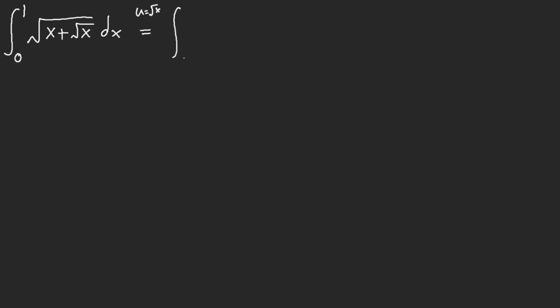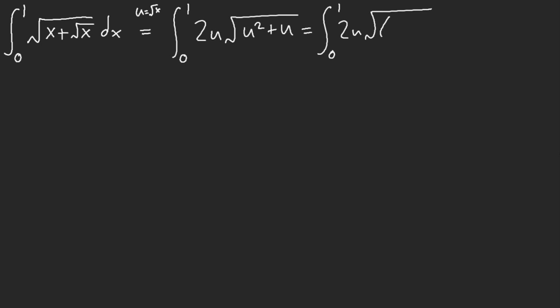So of course, we have 2u and u squared plus u, and then we complete the square. U plus 1/2 squared minus 1/4. Let w equal u plus 1/2. Then u is equal to w minus 1/2.